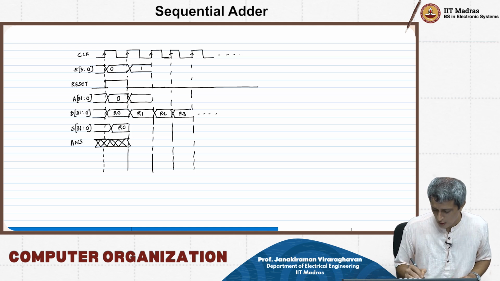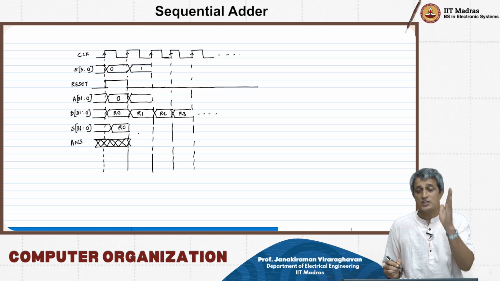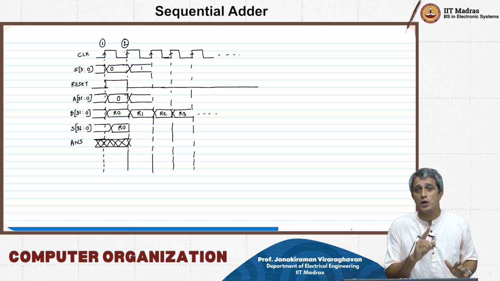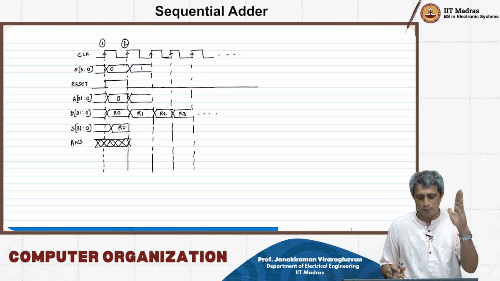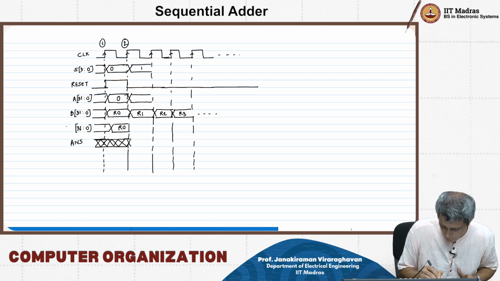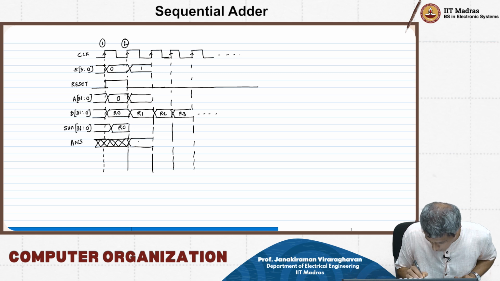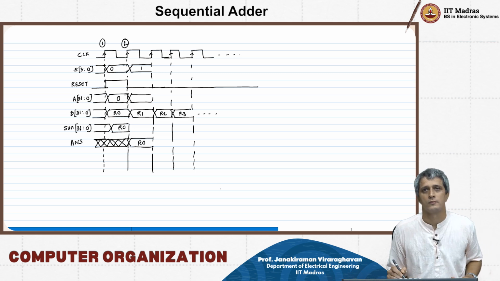But the moment the next clock cycle comes, so this is clock cycle 1, 2. At clock cycle 2, whatever is in sum will appear here, and therefore you will get R0 here.